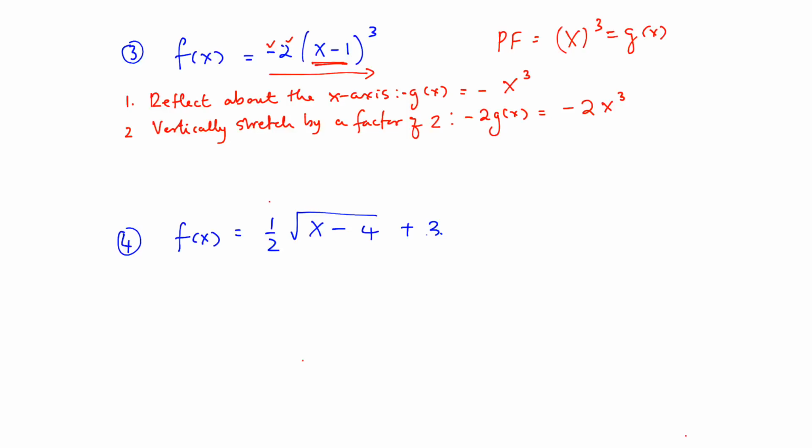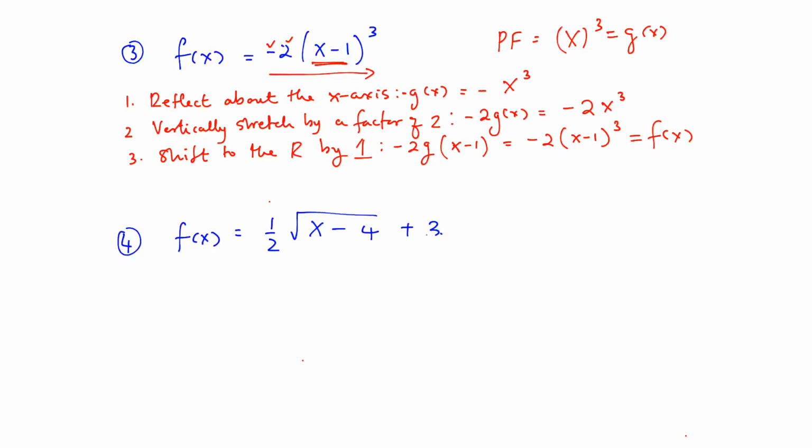So I'm going to shift to the right by 1 unit, which means I'm doing negative 2g, and in place of x, I'm going to throw that out of the window and replace it with x minus 1, which now becomes negative 2(x minus 1) cubed, which is exactly what f of x is.